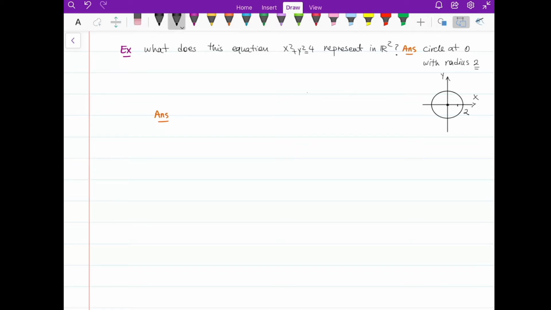Let me write a better note. So this is question 1. Question 2 is x squared plus y squared equals 4 in R3.